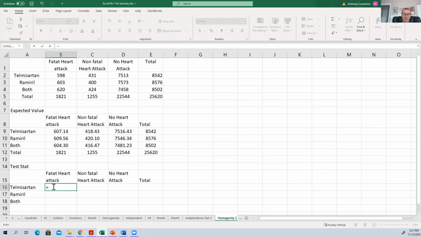So again, equal sign. So it's O, and that's the O value, minus the E value, which is that one there. And then you square it. And then again, you divide by E value.